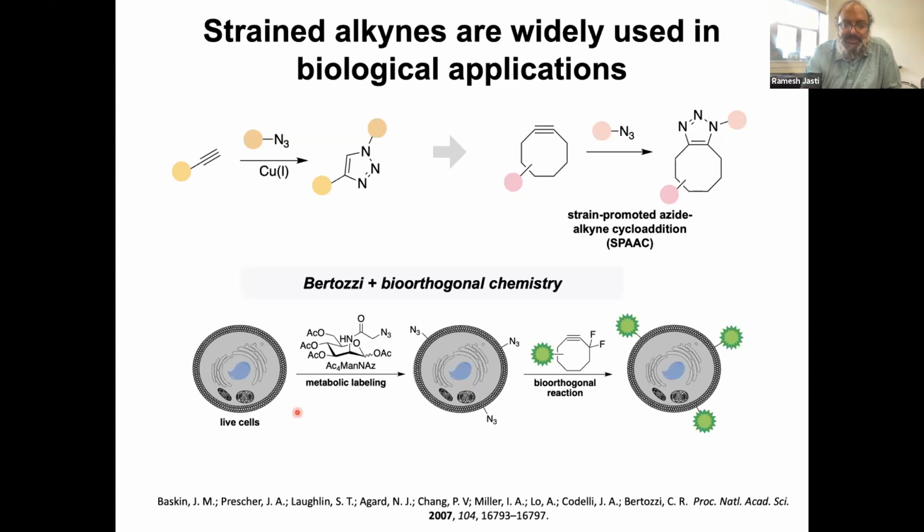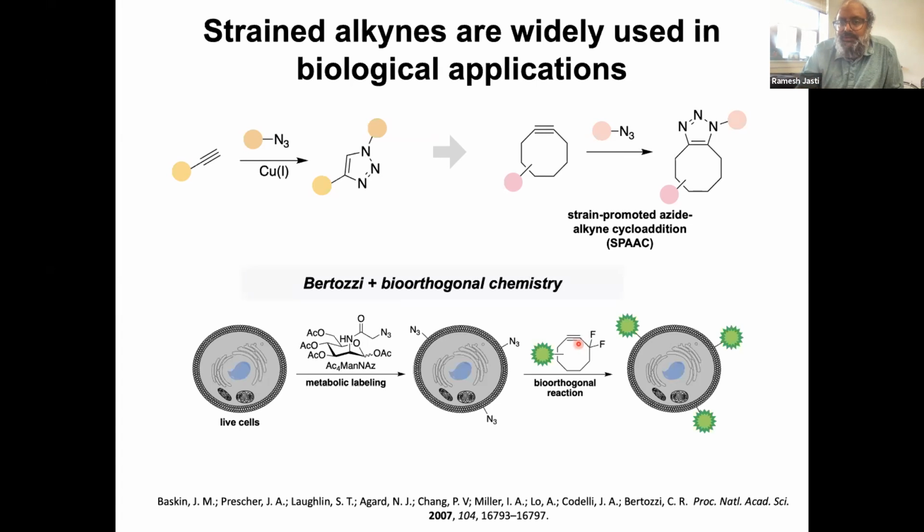A classic example would be where you take a cell and you feed it some sugars that normally are displayed on the cell surface, but instead of the natural sugar, we have an azide attached. These things then get incorporated and displayed on the cell. The processing machinery doesn't realize that it has a functional group on it because the azide is so small. And then you click on these cyclooctynes, and therefore I can find out where those sugars go. So this is a good example of it.